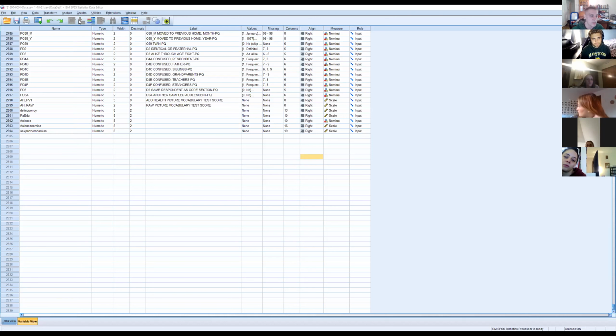For whatever reason, it was being difficult when I was trying to cut and paste directly from the PowerPoint file. So if you're having problems with that, try pasting it first into a Word document or some other document, and then cutting and pasting it from that document into a new SPSS data file.